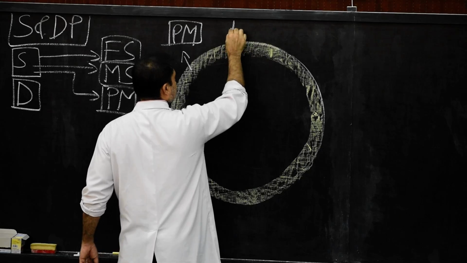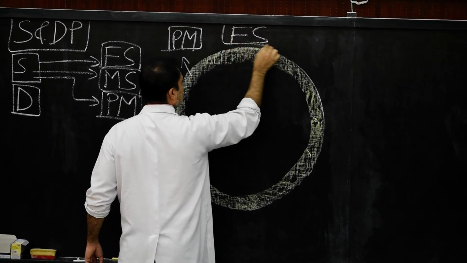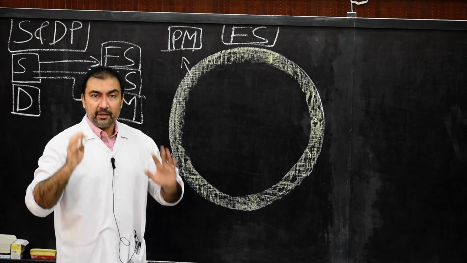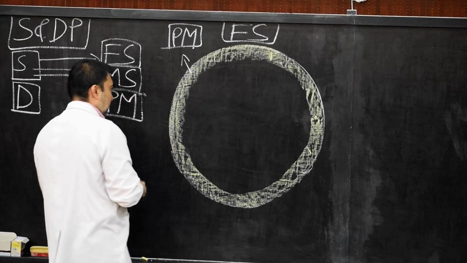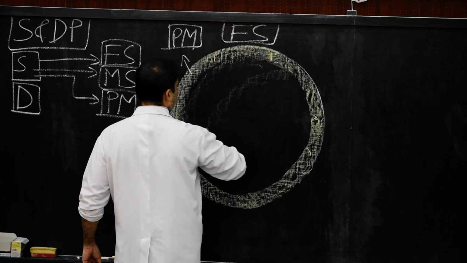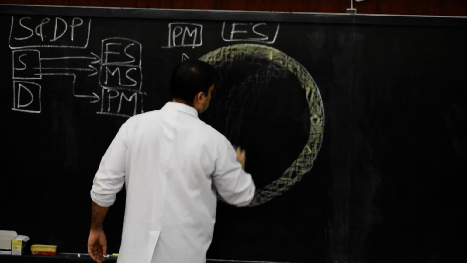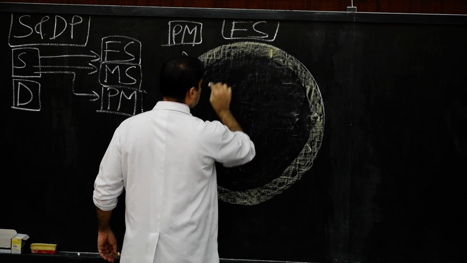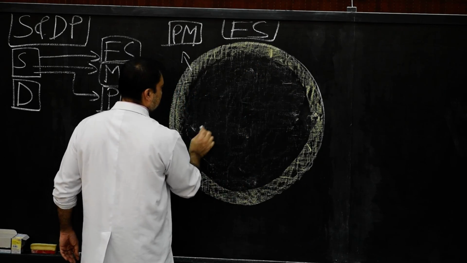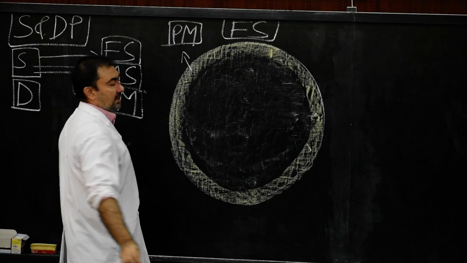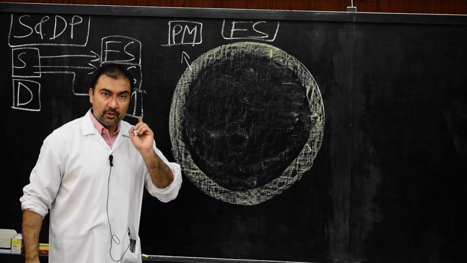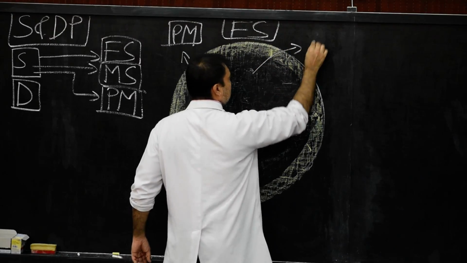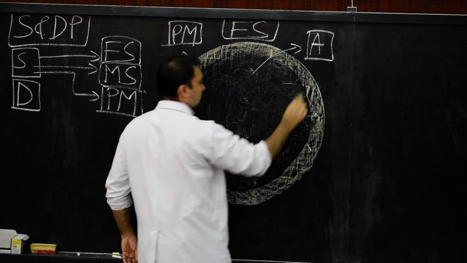Which is this surface? Fetal surface. And mostly the fetal surface is covered by amnion. So the entire fetal surface, if I put this color simply, I will show that it is covered with the amniotic membrane, that is amnion.